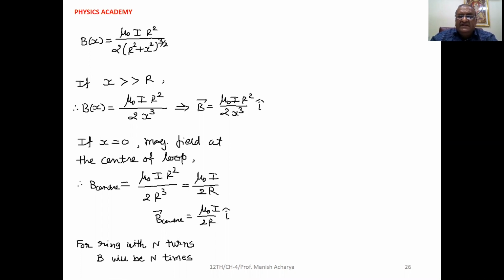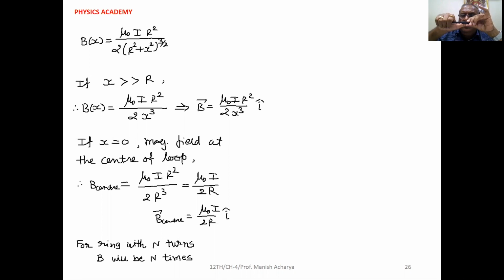Previously we discussed this thing. If you take any current carrying straight conductor, then how the magnetic field lines are in the surrounding of it, you can understand with the help of the right hand rule.